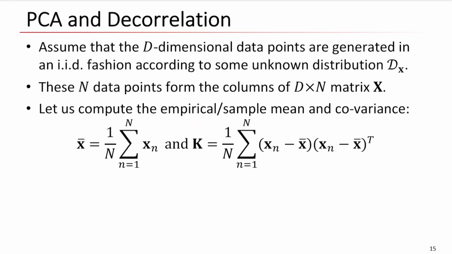Then another good benefit of the PCA algorithm is the decorrelation. So when you assume that the d-dimensional vector X is generated in an IID fashion, what is the IID? Do you know?